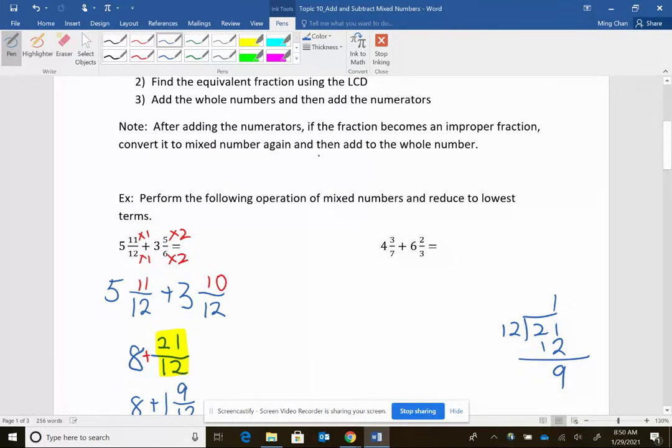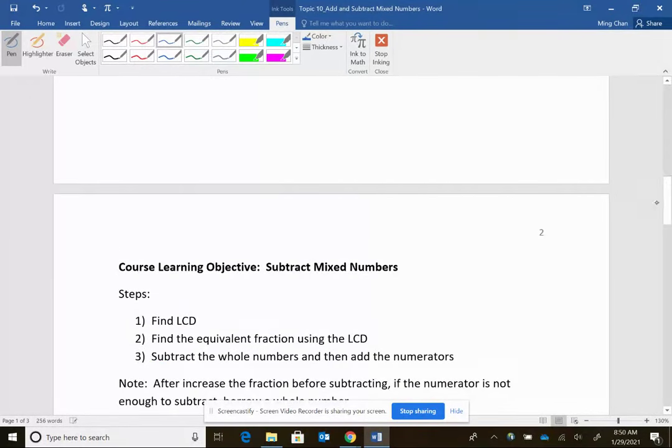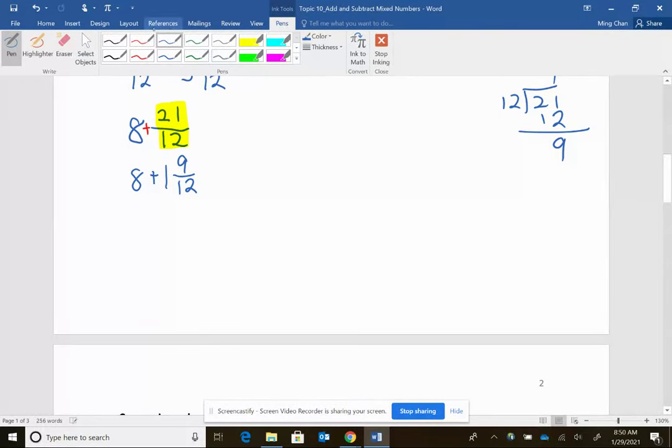After we convert into a mixed number again, then we got to add the whole numbers. My answer should be 9 and 9 over 12. Be careful: 9 over 12 can be reduced, so we'll reduce that. That becomes 9 and 3 over 4. That will be the final answer.